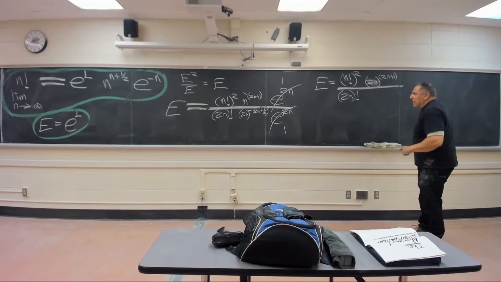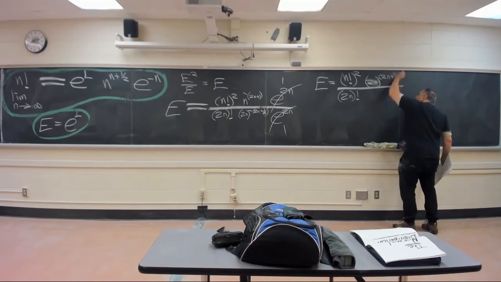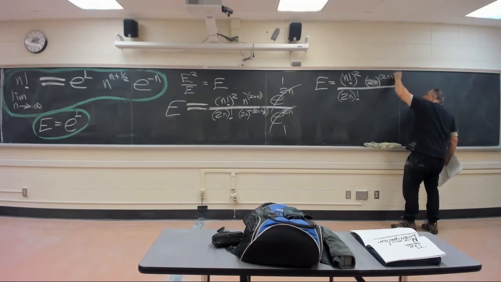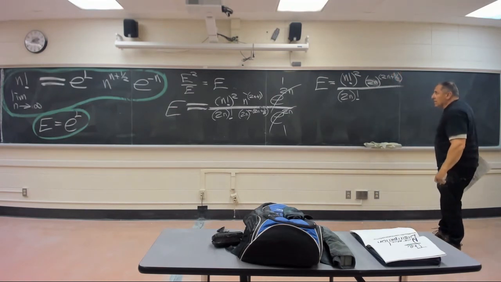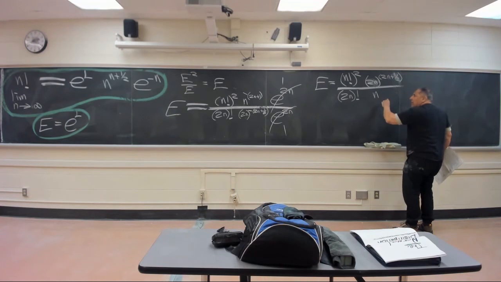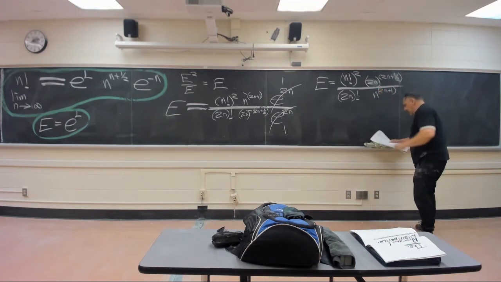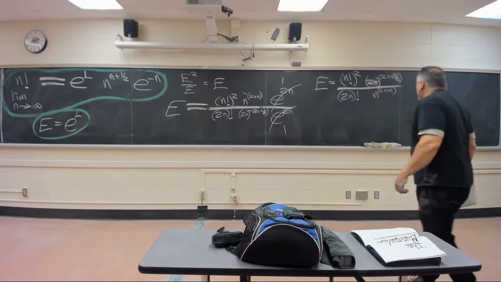Correct? Not correct. It should have been a half. I'm sorry. And the other one is n on the bottom. Let's make sure I didn't do anything careless here, guys. Yeah, it looks good. It's okay.